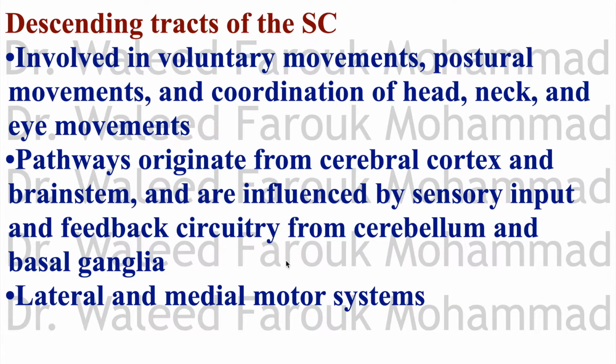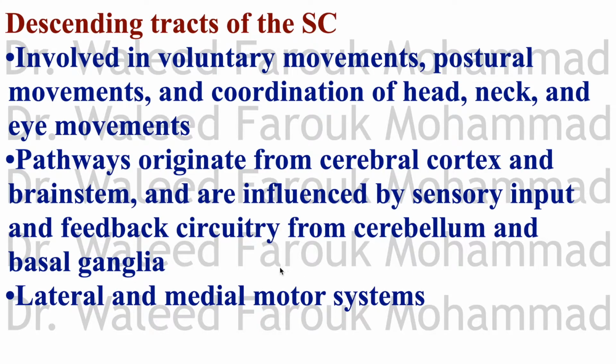They originate from the cerebral cortex at the primary motor area, or motor area 4, and the brainstem, and are influenced by the sensory input and feedback circuitry from the cerebellum and the basal ganglia.